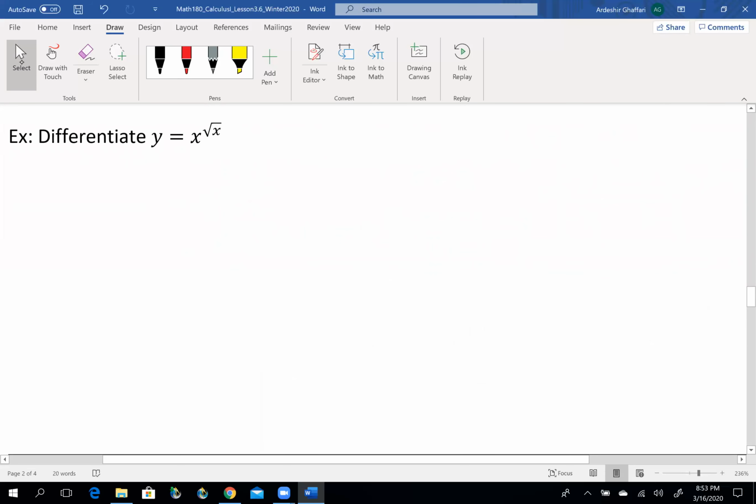Differentiate y equal to x to the power of the square root of x. Before I take a derivative, I'm going to take a natural log of both sides. So I'm going to have natural log of y equal to natural log of x to the power of the square root of x.